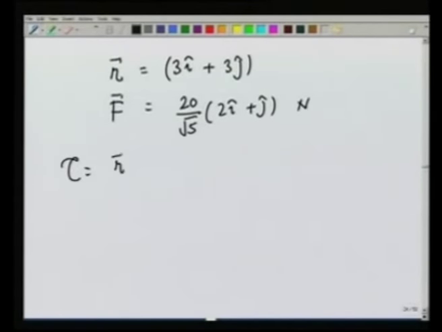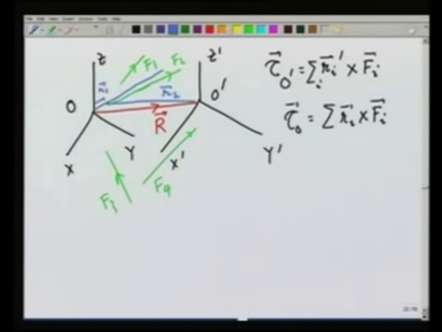So, let us say if I extend this force like this, this could be R1, this could be R2, and up to this point this is R1. Or for F4, this is R4 and this is R4 prime.